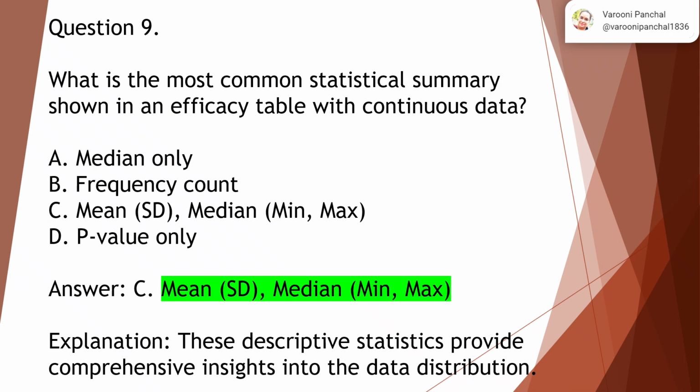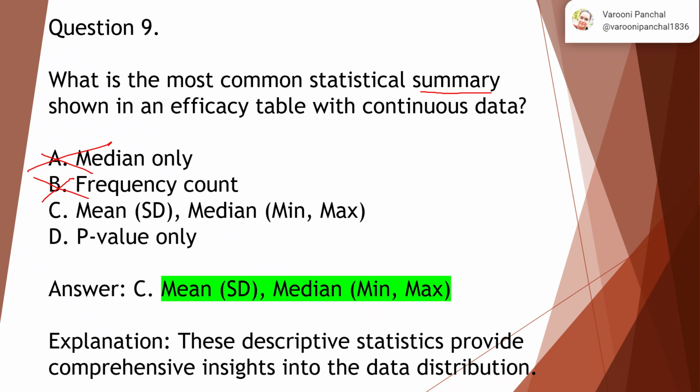Question 9. What is the most common statistical summary shown in an efficacy table with continuous data? Option A says median only. No. Frequency counts, which is percentage and number. Now here we are talking about the statistical summary and not about counts and percentages, so this is not the right answer. Again, the question is related to statistical summary and not related to any statistical test, parameters or interpretation values.